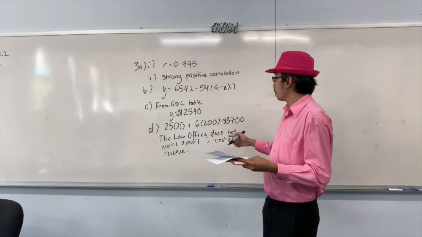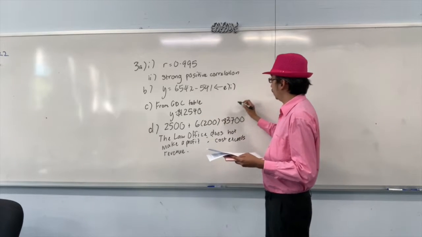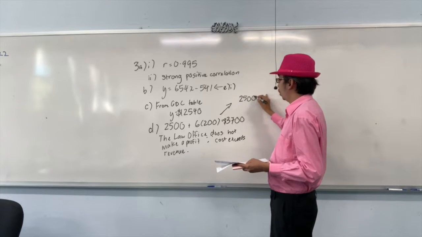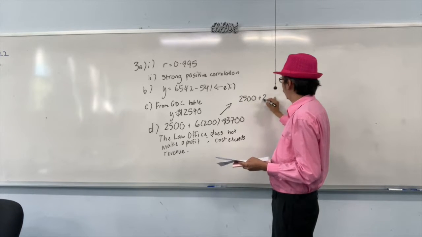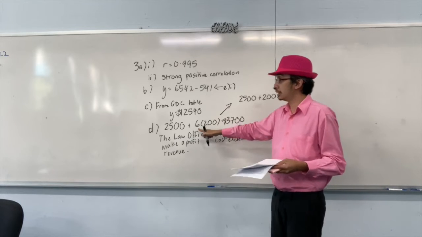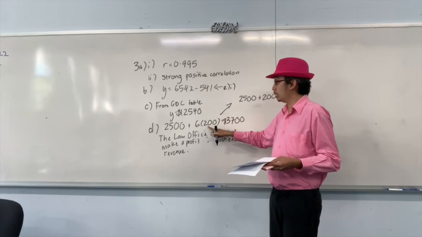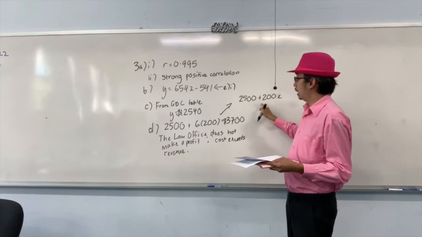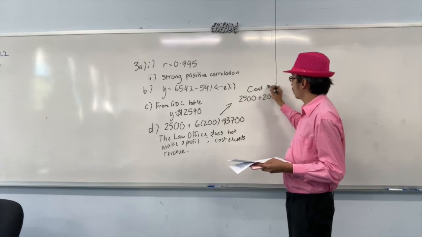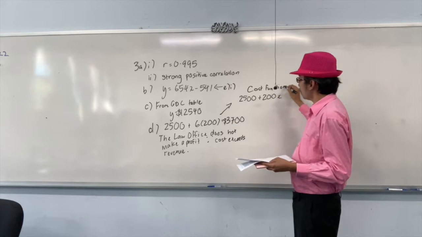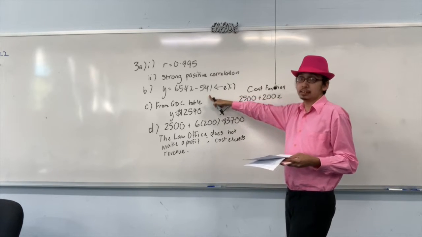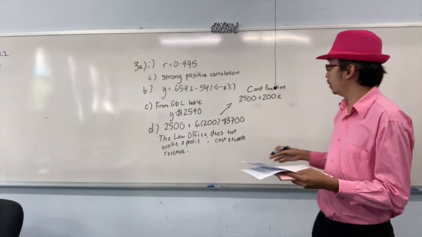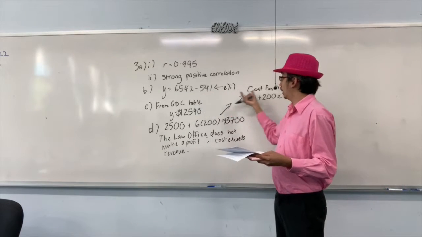In part 2, they ask for the profit. There's an equation, which is 2500 plus 200x. The x is the number of clients, and 200 is fixed per client. This is the cost function, while this one is the revenue function. If you want the profit, all you have to do is revenue subtract the cost.